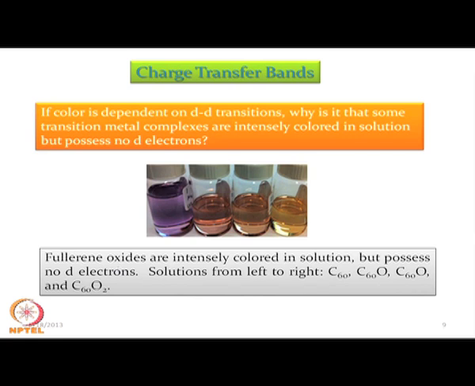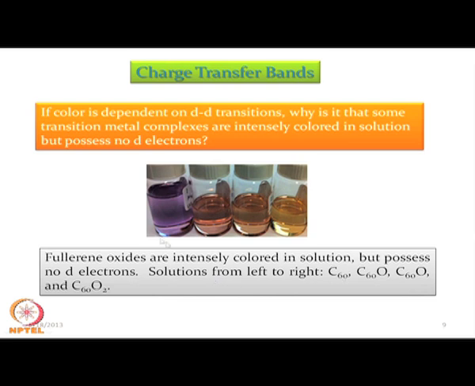Buckminster fullerene, the C60 molecule we all know, is a carbon cage type compound, but when it is C60 oxide, or another C60 oxide of a different type, a dioxide, we get colored species in solution, but they do not have any d electron.